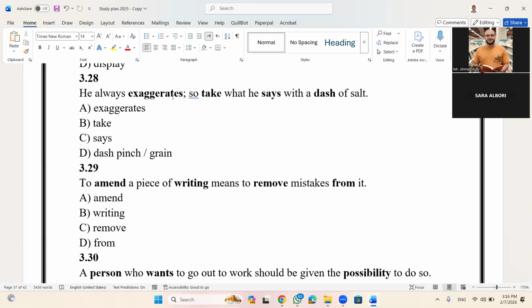So take what he says, not with a dash. This is an idiom, which means with a pinch of salt or a grain of salt. If I tell you something, Sarah, and you tell me, okay, mister, I'm going to take it with a pinch of salt, I mean that you won't believe it. You won't take it seriously.